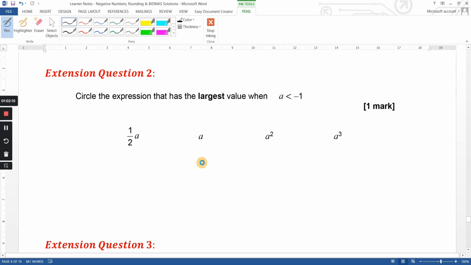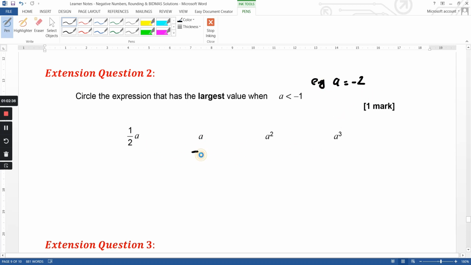Next one, extension question 2. Circle the expression that has the greatest value when a is less than -1. Okay, well, if a is less than -1, let's say that a is -2, for example. So if a is minus 2, let's substitute in all of these.